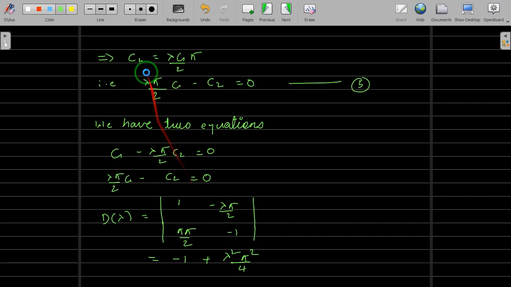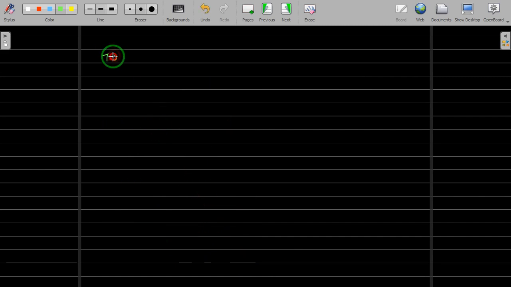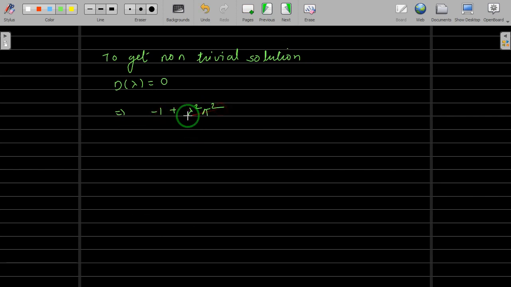For a non-trivial solution you have to find the values of lambda for which D of lambda is equal to 0. So let me write: to get a non-trivial solution, D of lambda equals 0, and this implies minus 1 plus lambda squared by 4 is equal to 0.